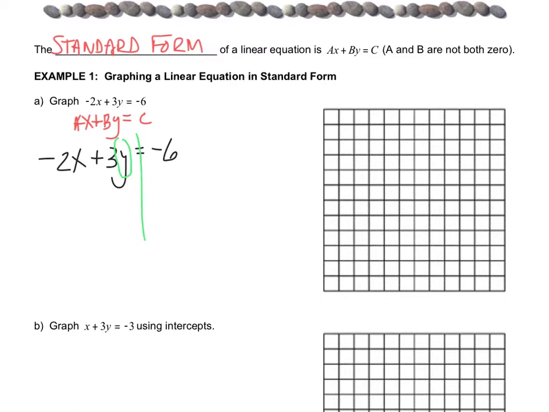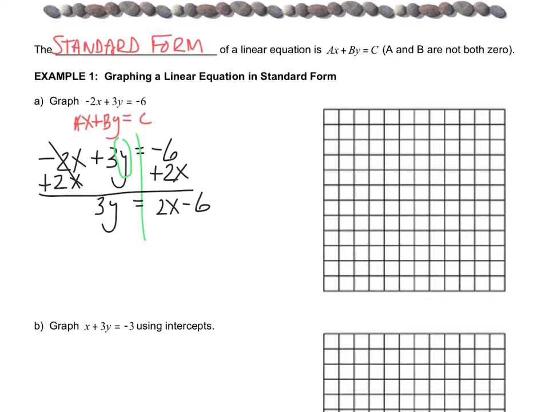We're going to draw that big line down the middle. So remember we said you would add 2x to both sides. That's going to move the minus 2x off of the left-hand side, and it will appear over on the right. So now we have 3y equals 2x minus 6.